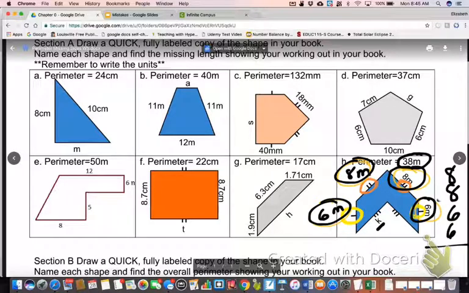If I add all that together, if I'm not mistaken, that means that the sides that are accounted for are 28 meters. So if my perimeter is 38, I'm going to do 38 minus 28, which means I still have 10 meters left over.